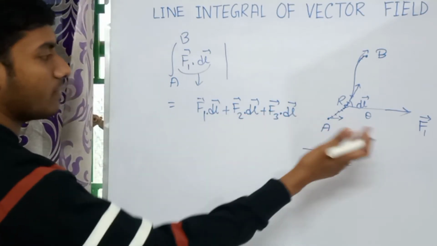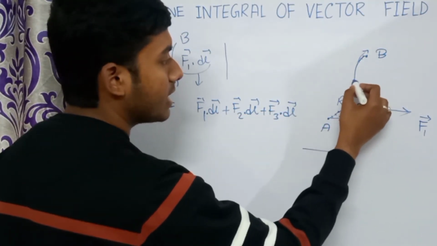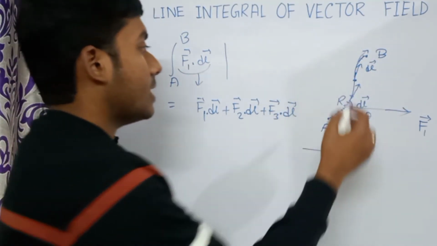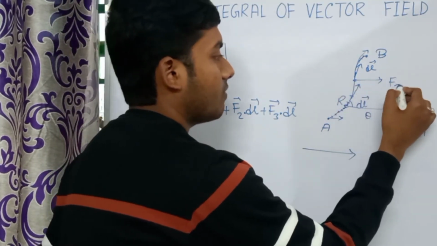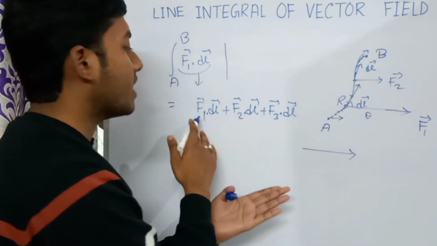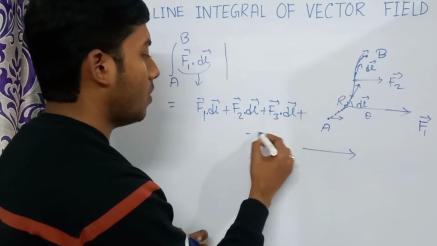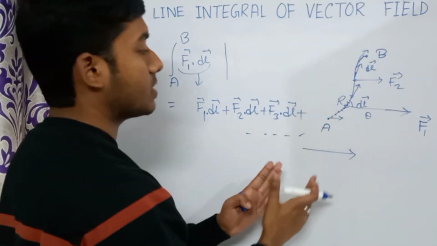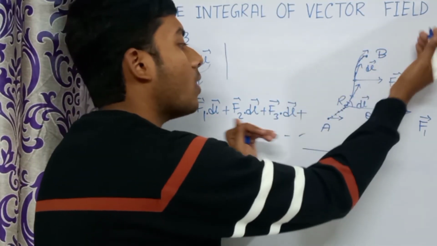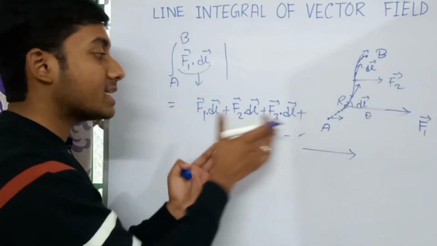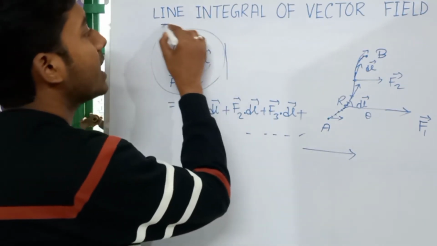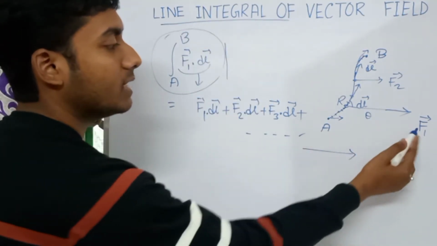Here dl is directed along these, and here the vector field is F2. Likewise, the vector field at different points is denoted as F1, F2, F3 and so on. We take all the dot products of the vector field and the path element dl and sum them. That is the integration, and this is called the line integral of the vector field F.